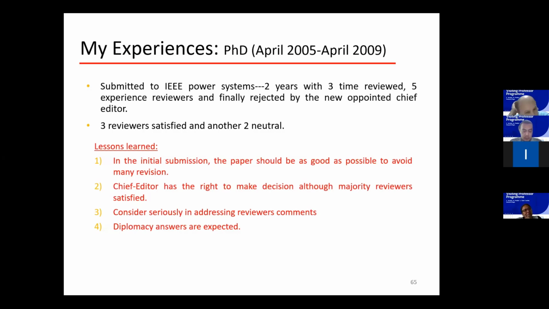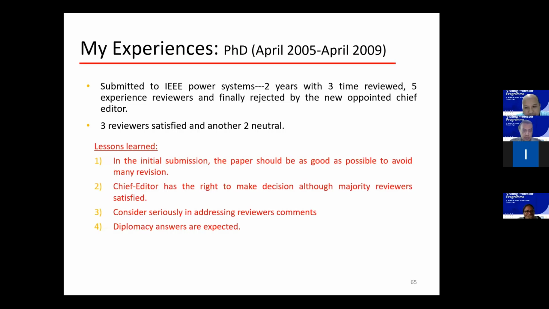We cannot do anything, because the chief editor has the right to make the final decision. The points I learned as a student: number one, before we submit a paper, we must put in 100% effort. You know yourself whether you have put in a lot of effort or just moderately done it.